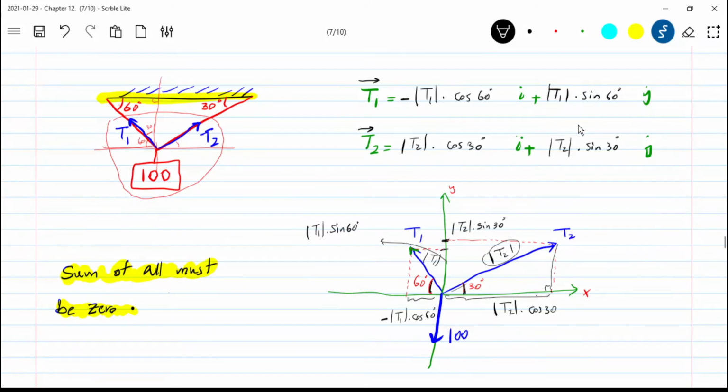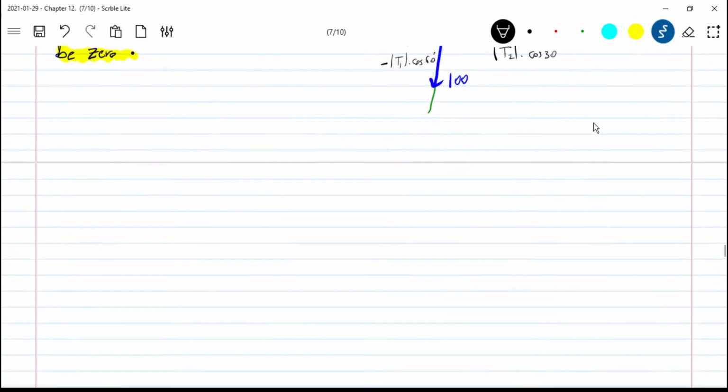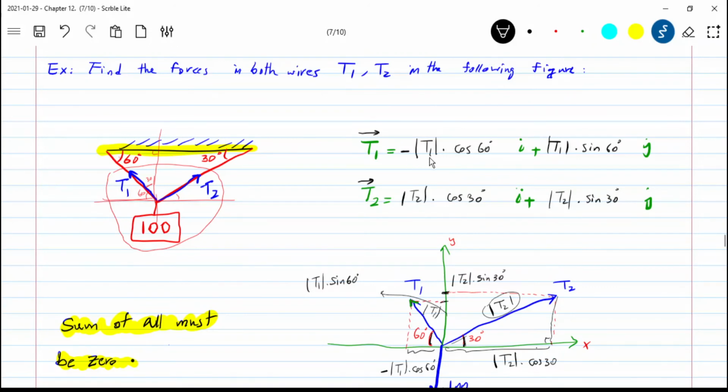Okay, we know sine and cosine values, so I'm going to write those as well. Simplified version maybe. So T1 would be the magnitude of T1, negative, there was a negative there. Negative T1.